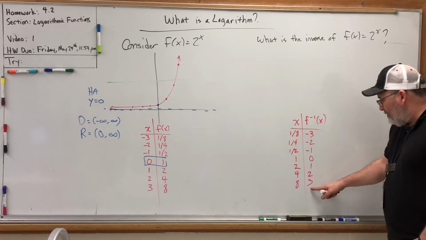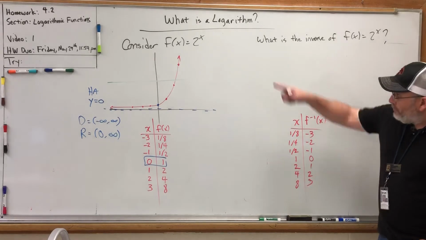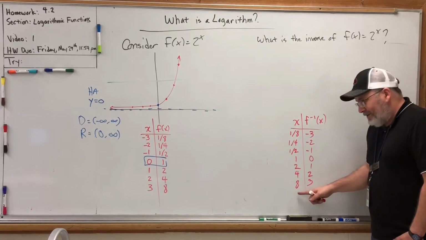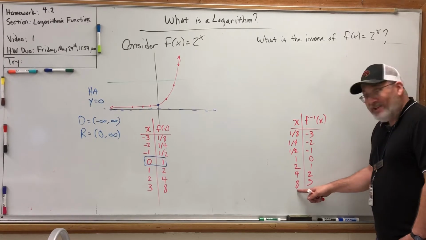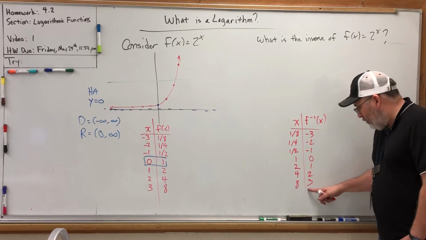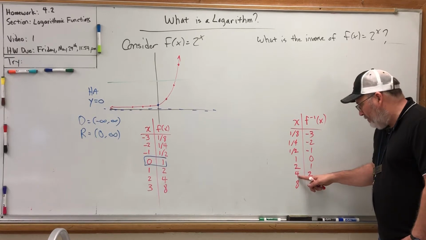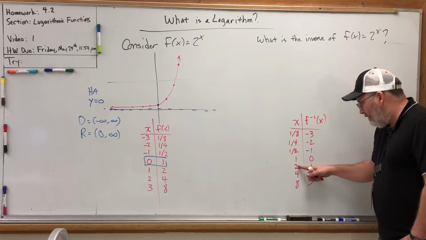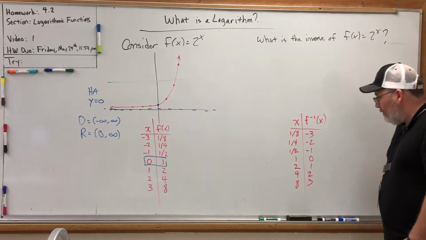Well, I know 3 is the power that turns 2 into 8, because 2 to the third power is 8. So I guess a question I could ask is, what power do you put on 2 to get 8? This one. What power do you put on 2 to get 4? This one. What power do you put on 2 to get 2? This power.